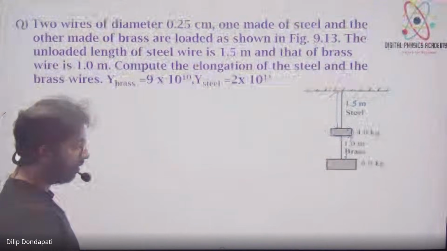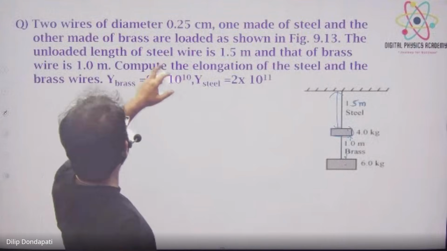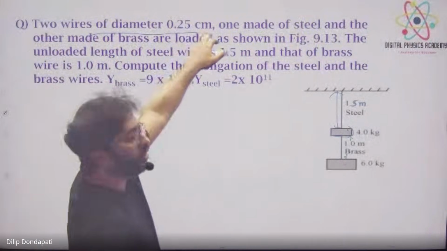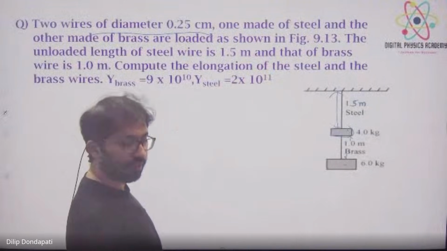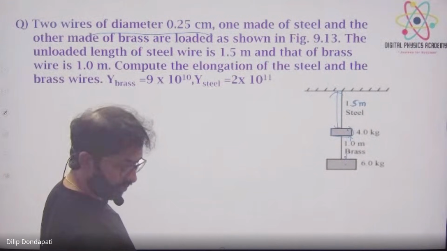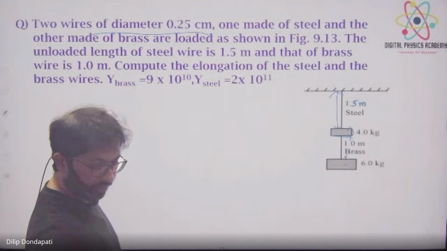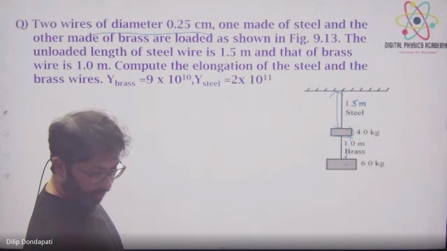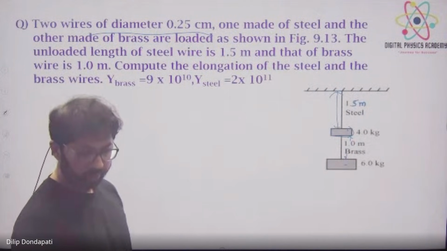So what's the area? Diameter is given, right? Circular. Sir, I got the brass as 1.3 into 10 power minus 4. Yes.